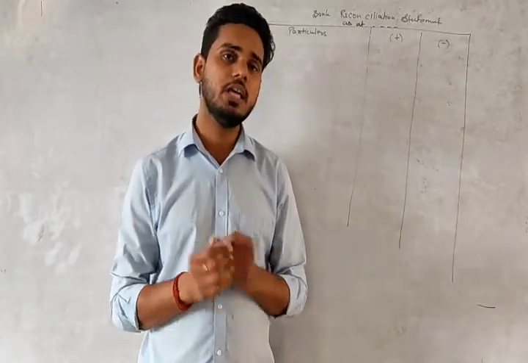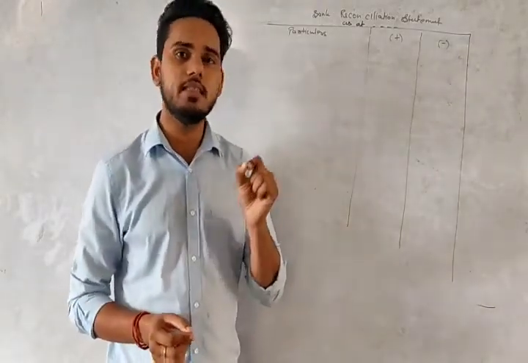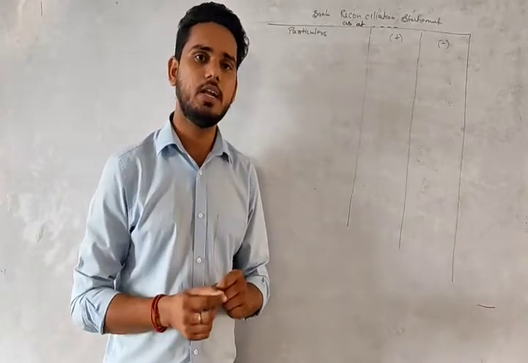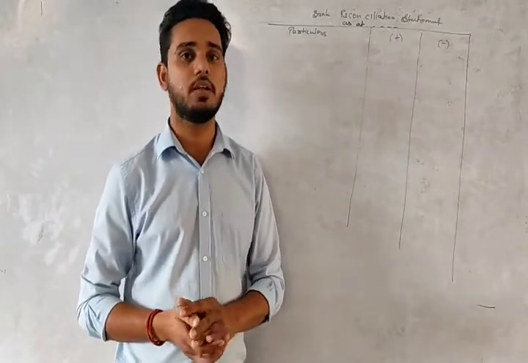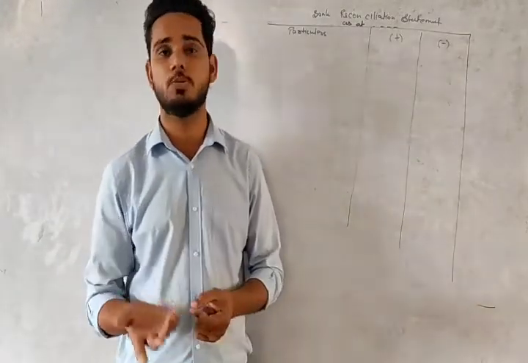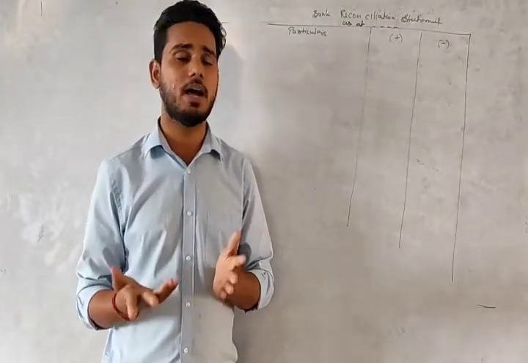But the thing here is, you will make the adjustment only in that book which is given to you in the question. I have already told you that in every question one piece of information will be given. Either that will be cash book debit balance, or cash book credit balance, or passbook debit balance, or passbook credit balance.